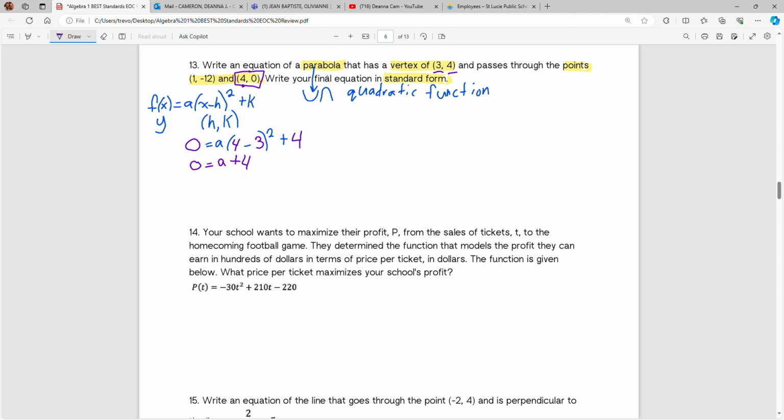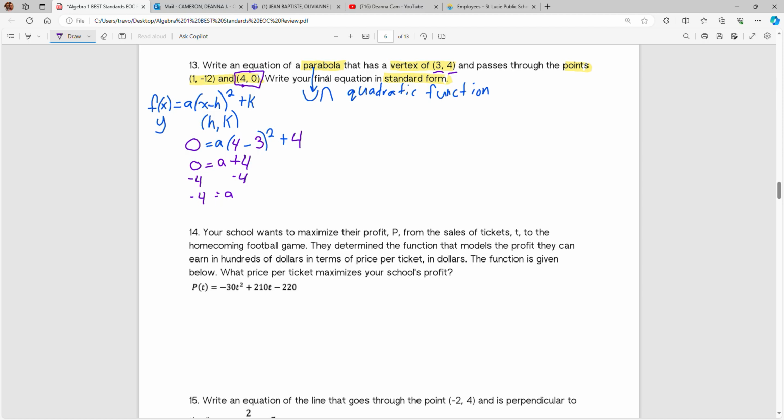And now I know how to get my a by itself. I can subtract 4 on both sides of the equal sign. So a equals -4. And now I can write my equation in vertex form.